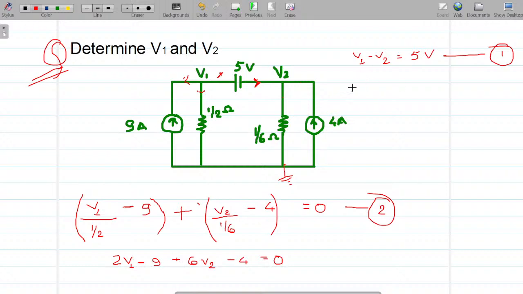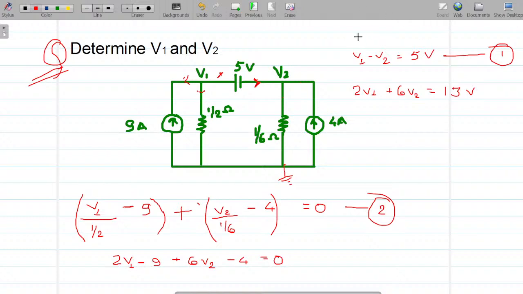Or can I write it, I am again rewriting it here, 2V1 plus 6V2 is equal to what? 9 plus 4 is 13. If I send it to the right hand side, it would be plus 3 volt plus 13 volt, right?